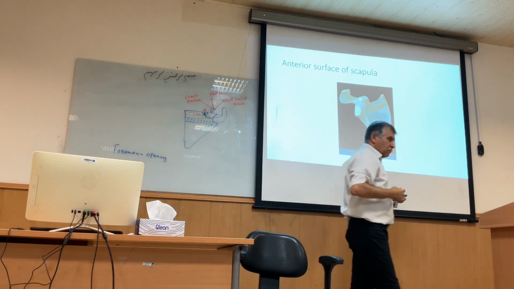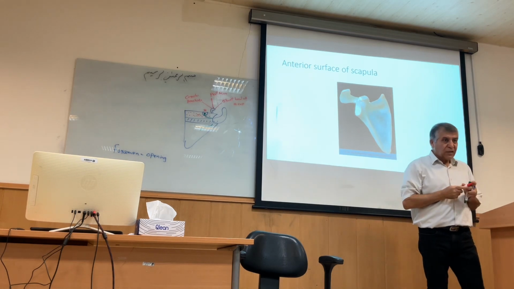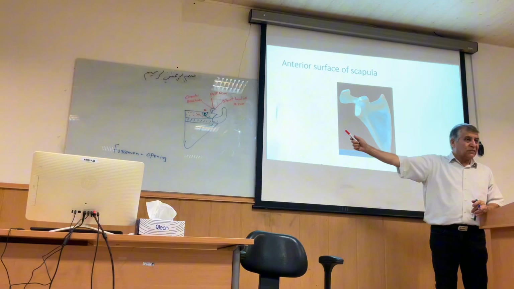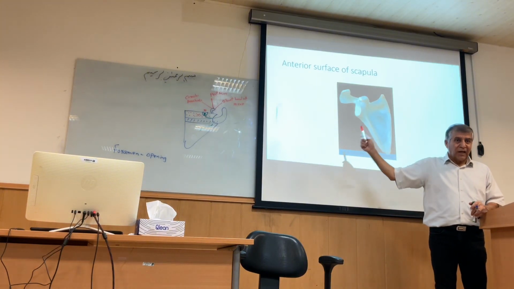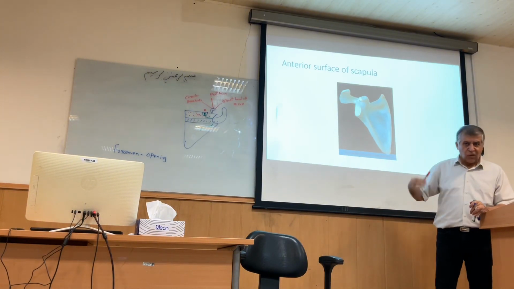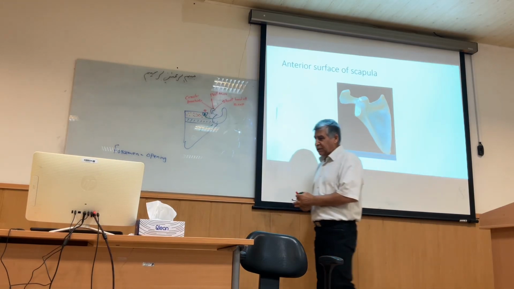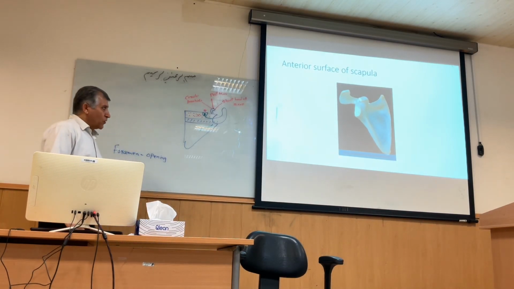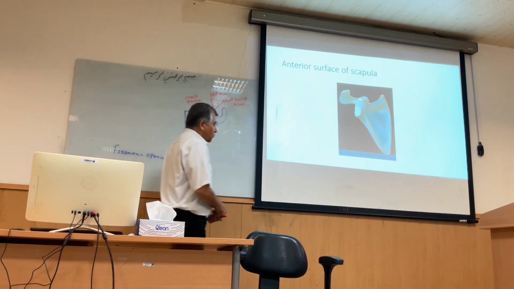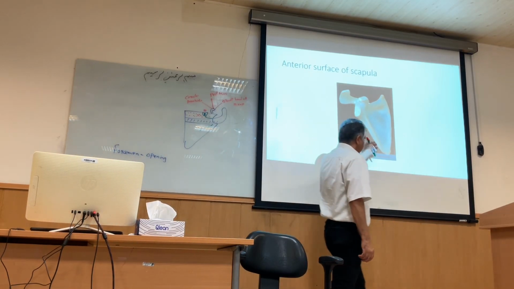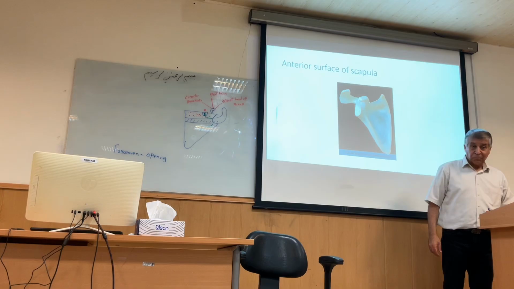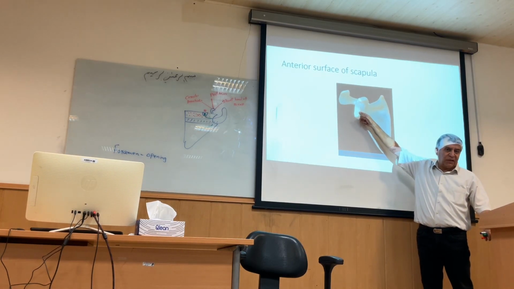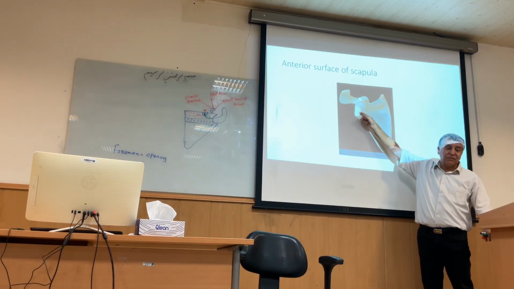And the most powerful ligament of the shoulder arises from it. What is this? Coracoclavicular ligament. Okay. The lateral border of the scapula has no special area, but the lateral angle has a depression.